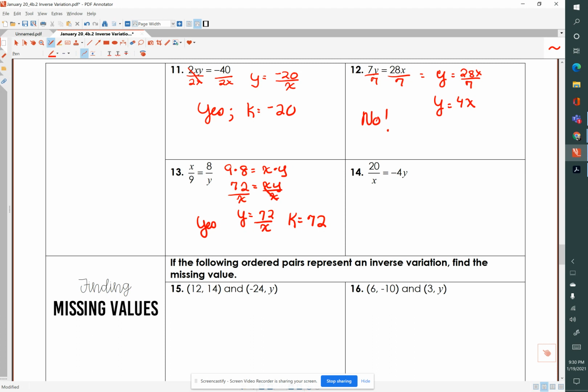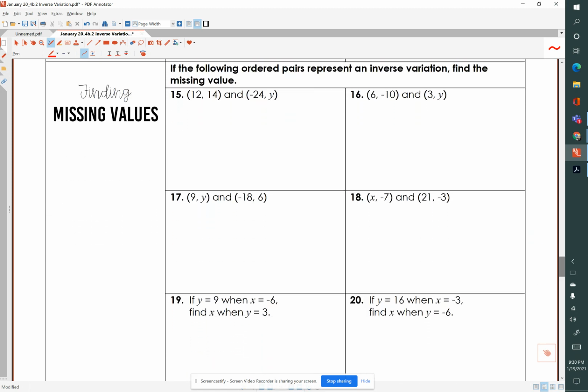And finally, number 14, we are going to divide both sides by negative 4. And when we do that, we end up with y. I'm sorry, I should have written y there, not 4. We end up with y equals, so 20 divided by negative 4 is negative 5 over x. And yes, that is an inverse variation equation, and our k in this case equals negative 5.